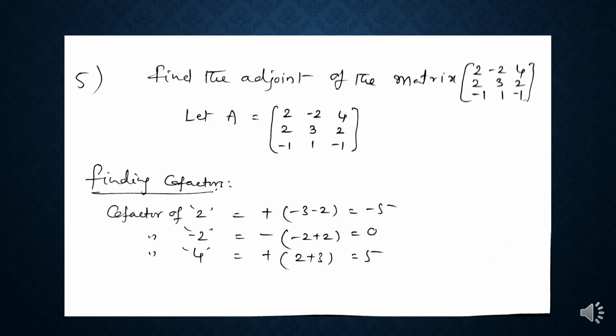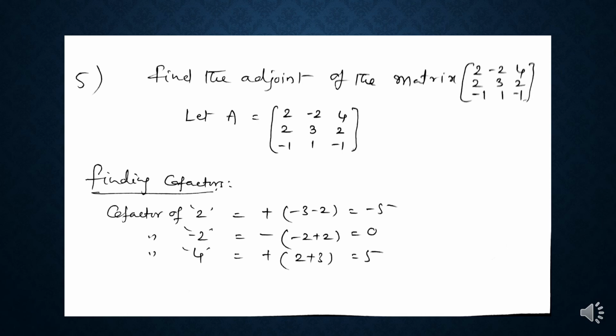Here i is the row number and j is the column number. The minor is the determinant after deleting the row and column where the element occurs. So the cofactor is equal to minus 1 whole to the power of i plus j into its minor.